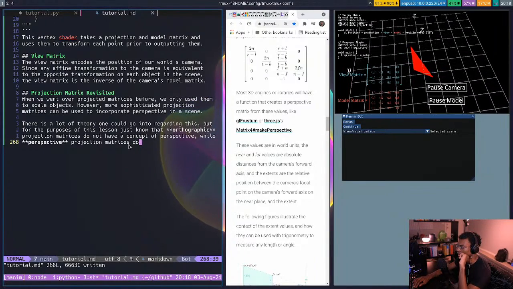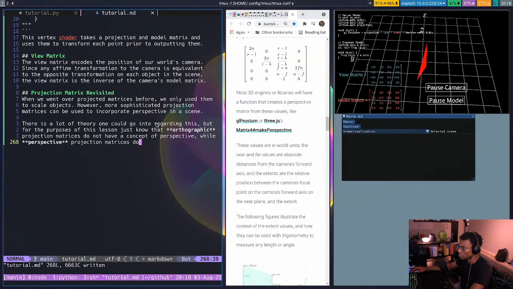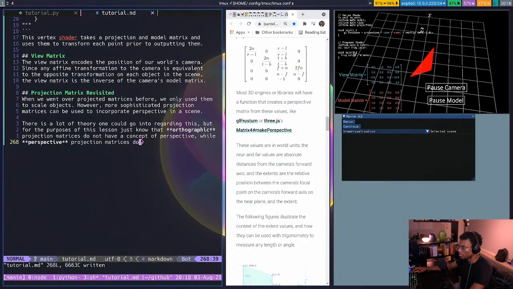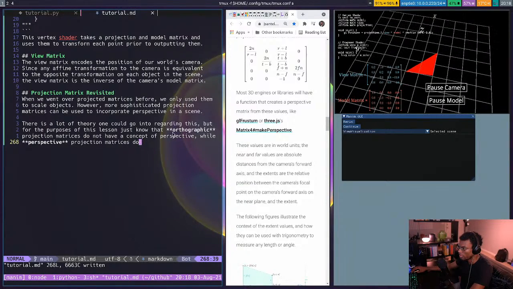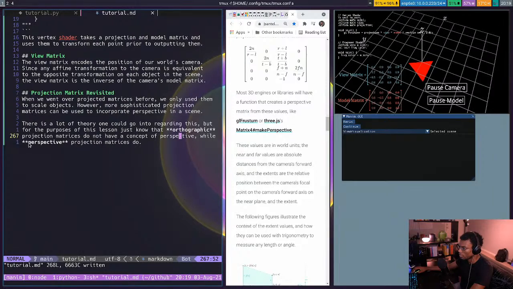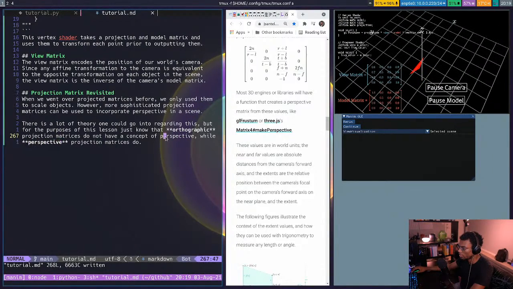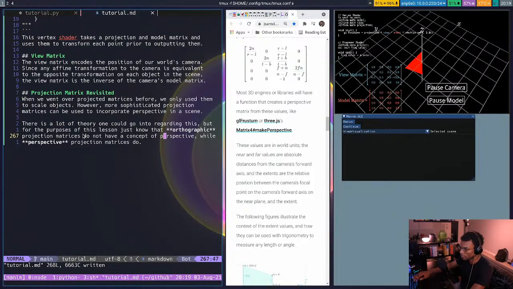I could almost just draw it, since you know that parallel lines with an orthographic transform will remain parallel. But parallel lines in a perspective transform will intersect at the horizon if they're moving away from you.